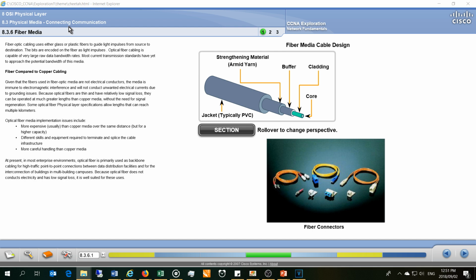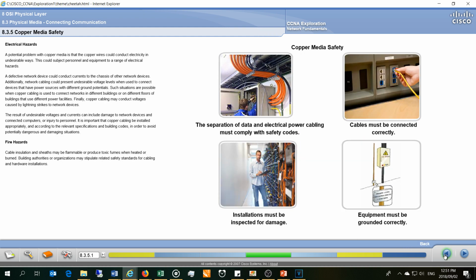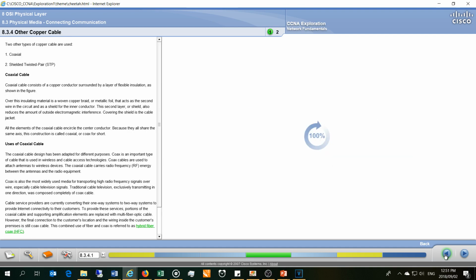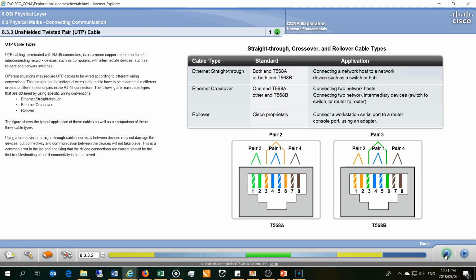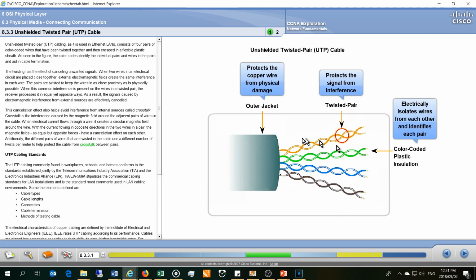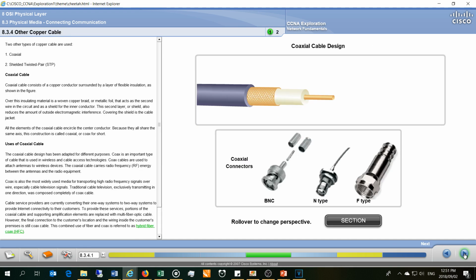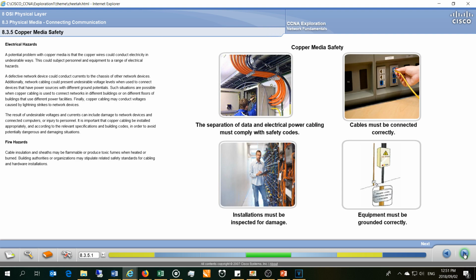Fiber optic cables are very popular because they are immune to electromagnetic interference. Do you remember earlier I said about how the crosstalk and how the running of cables is very important? Because if we run cables next to each other, for example, if you run UTP next to power cables, we get noise coupled into the signal cables. Why? Because it's copper, and copper conducts electron flow, and therefore we will get interference.